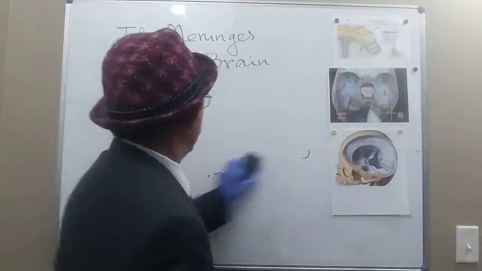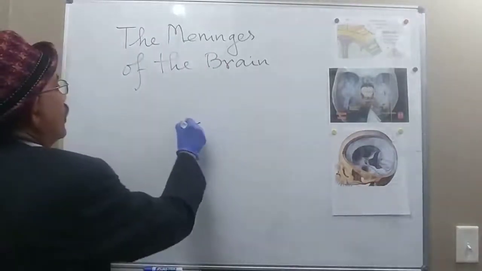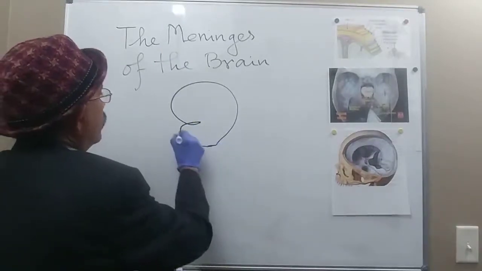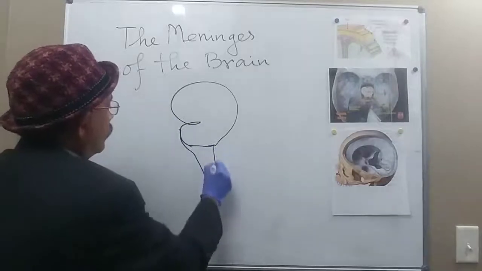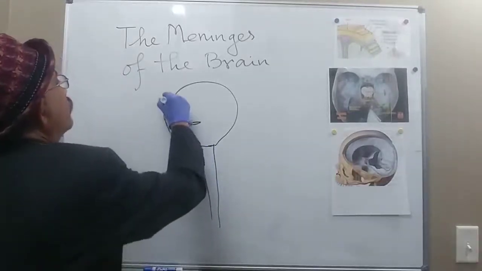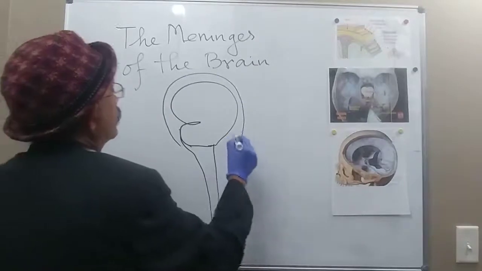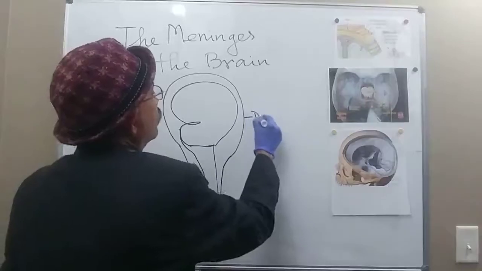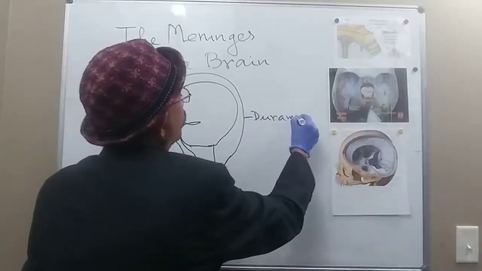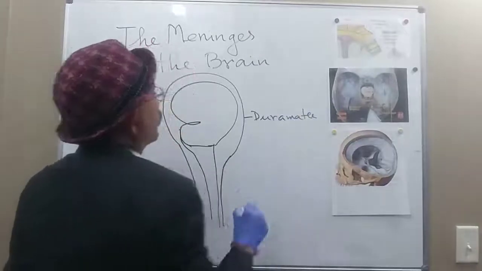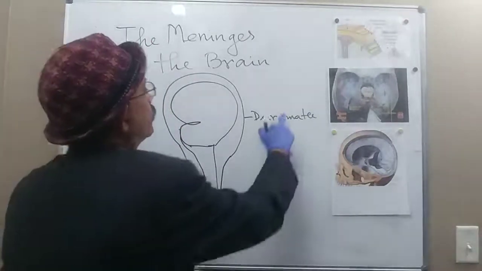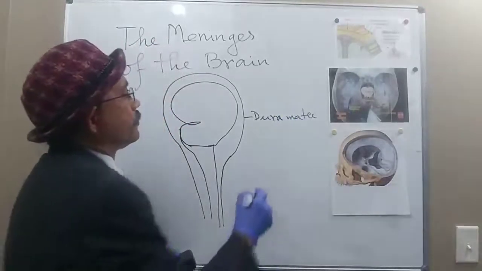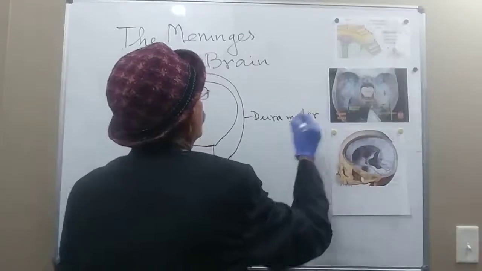Okay, so if this is our brain and this is our spinal cord, then the outermost layer is the dura mater.